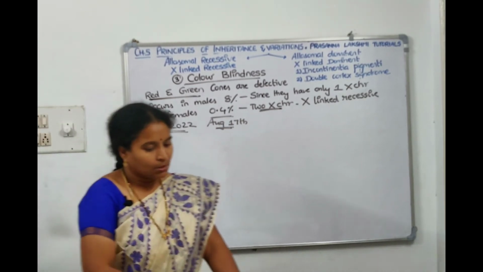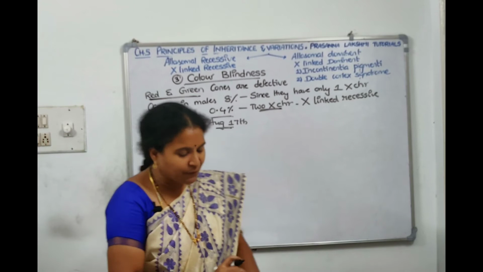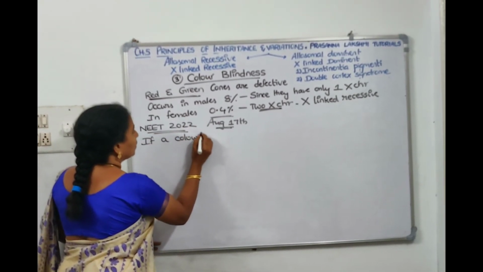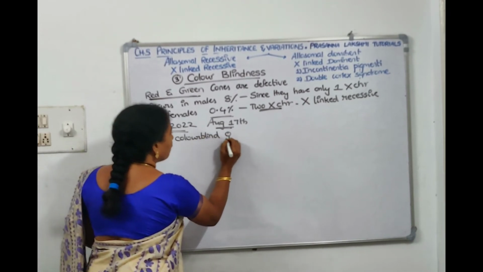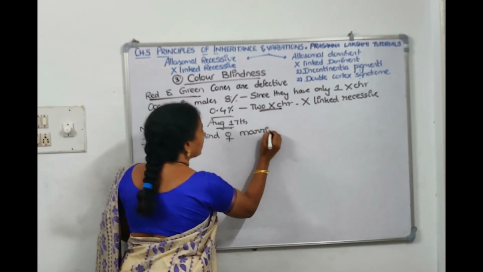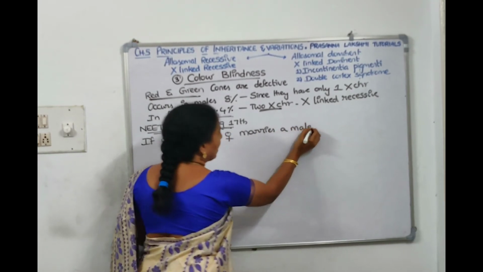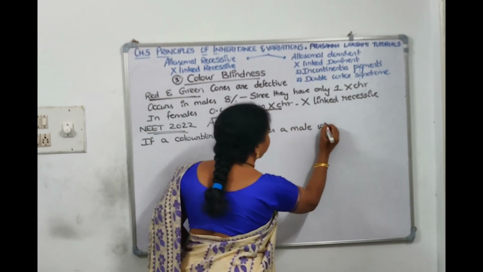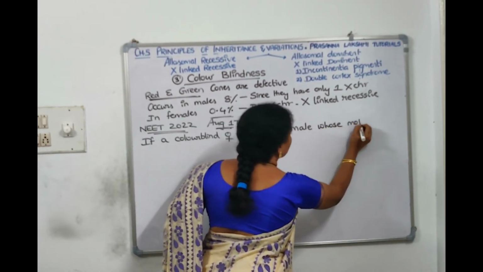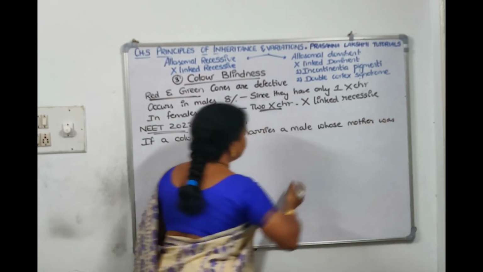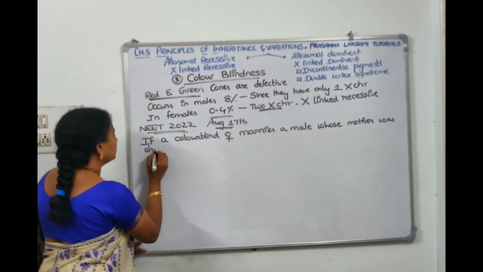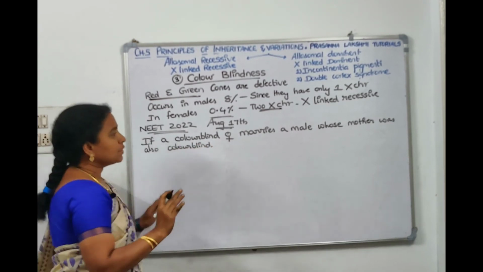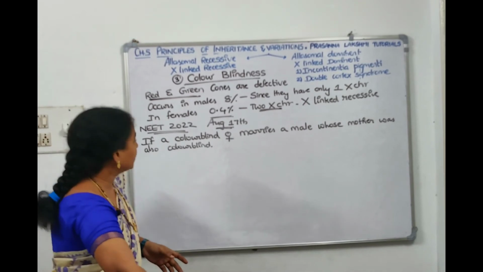The question they have given is, if a colorblind female marries a male whose mother was also colorblind, what percentage of the progeny are colorblind?